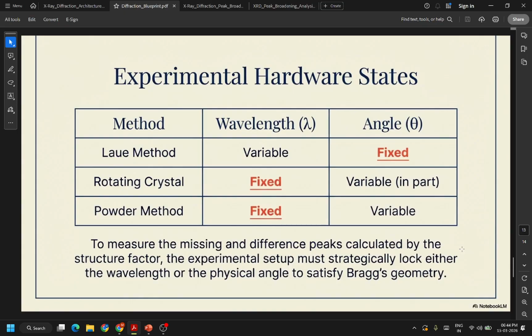So to measure the missing and difference peaks calculated by structure factor, the experimental methods must strategically lock either the wavelength or the physical angle to satisfy Bragg's law. You cannot vary both of them simultaneously. You have to fix one of them and vary the other.